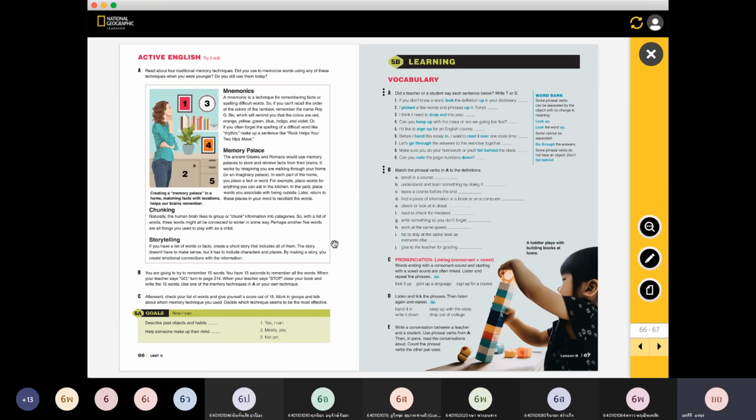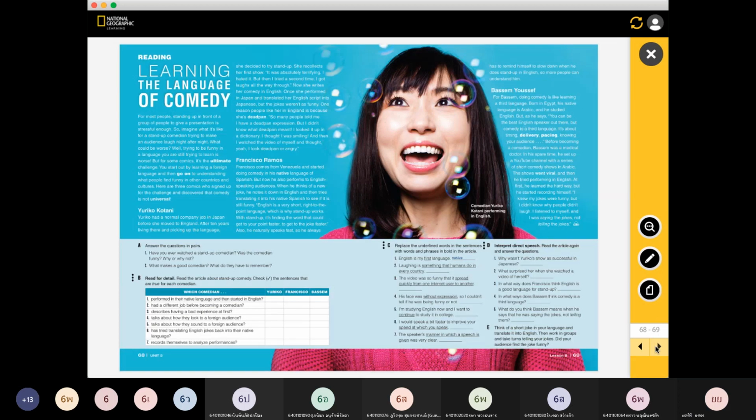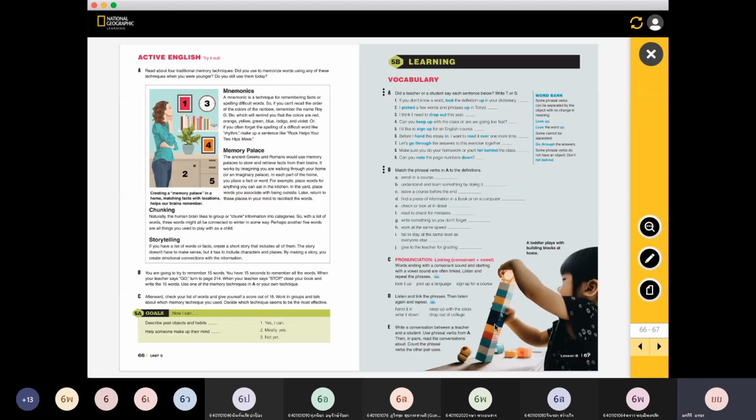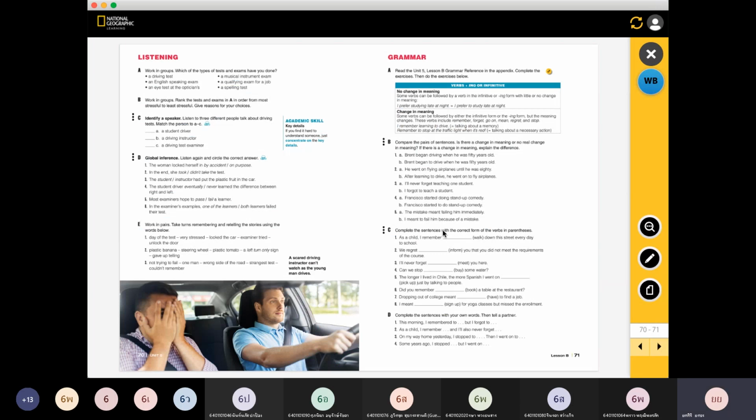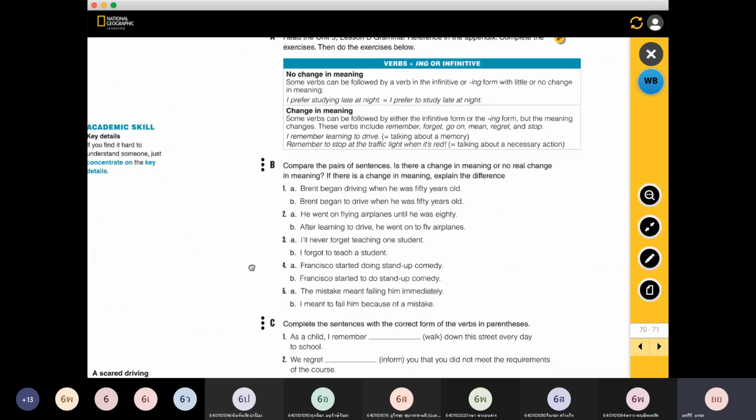We also use our brain to recall things in order to help ourselves learn. We can use our brain to learn things, like constructing things and learning language as well, and also to memorize.